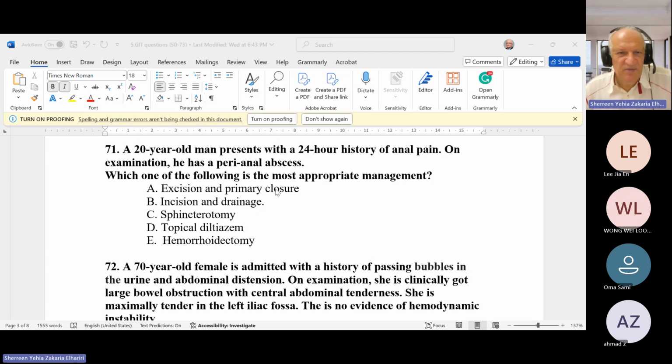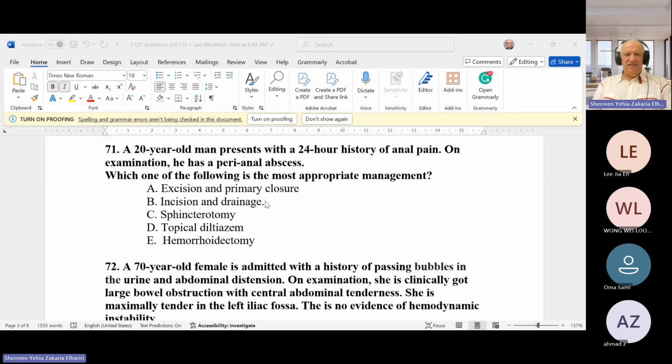Of course, in England, when we do incision and drainage, we send it for culture and sensitivity for bacteria. If it is a staph, no problem. If it comes back as GIT commensals like E. coli and others, it is better to ask the patient to come after 1 month for examination under general anesthesia, because most probably they have a low perianal fistula.